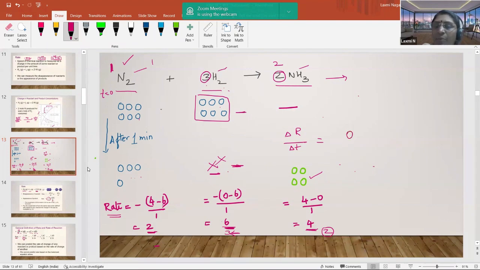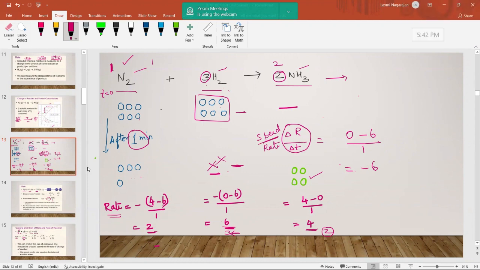Final amount is 0, initial amount is 6, by time taken, I took the time duration for this change to be 1. What do I get here? -6. This happens to be the speed. As I told you in the beginning, we say speed is rate. So can the speed be negative? Can the speed of any process be negative?